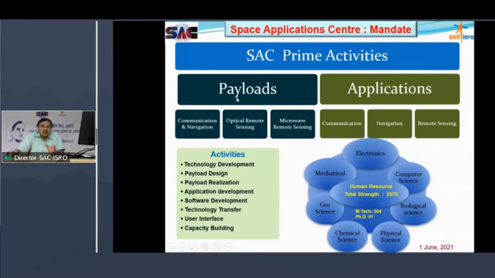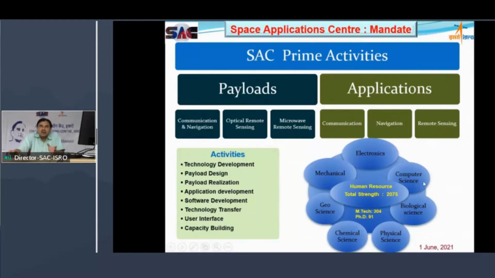So they work like the heart or brain of the satellite, and they carry out the different applications. So once the satellite is launched, as I mentioned, using the ground station, we try to collect the data and then apply it for various applications. So today we'll be discussing communication, navigation, and its applications. So how we build this payload and then its applications for various activities.